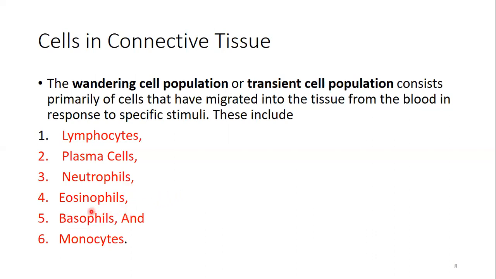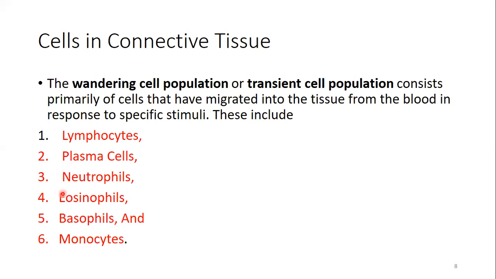Then basophils are seen when there is worm infestation, and also seen in allergic or what we call hypersensitivity reaction. So a basophil together with mast cell are highly active when we have worm infection or allergic reaction. So people have asthma because of overactivity of basophils and mast cells.